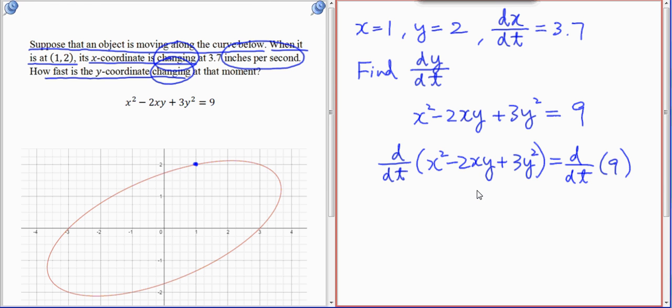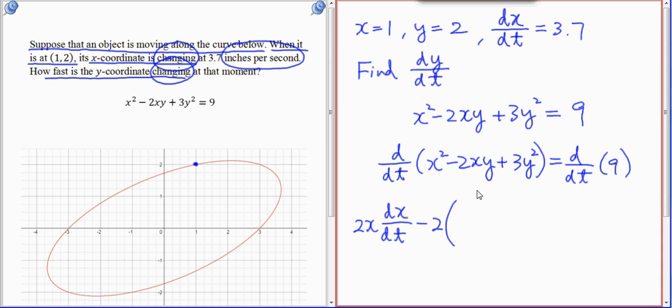Take the derivative term by term. The derivative of x squared with respect to t, we use implicit differentiation, 2x times dx/dt, minus the derivative of the second term. We're going to use the constant multiple rule, 2 times the derivative of xy.